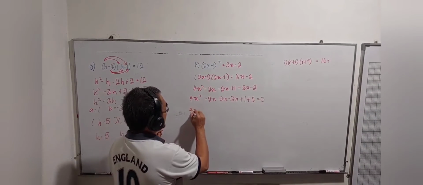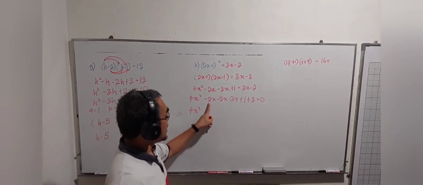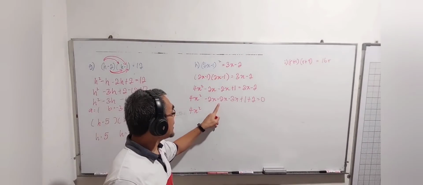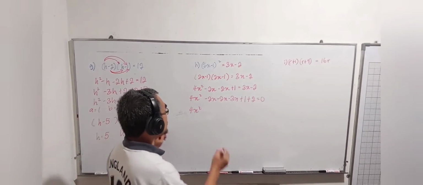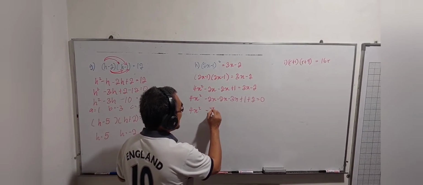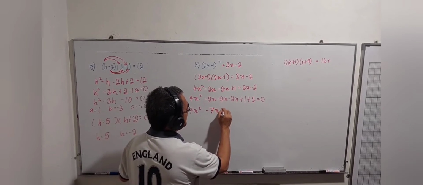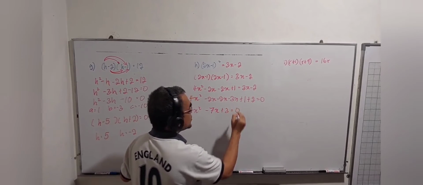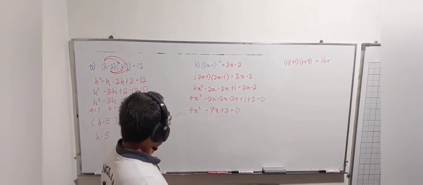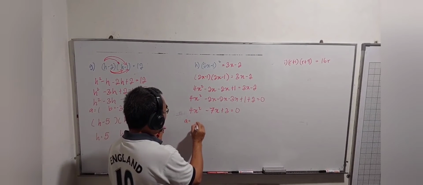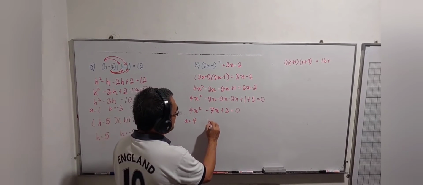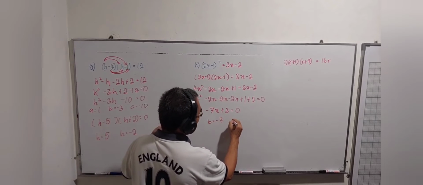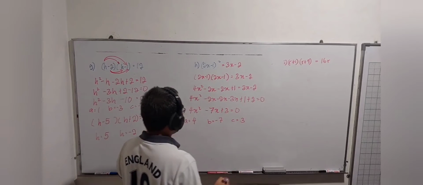So this is 4x squared, and then you can use the calculator: negative 2, negative 2, negative 3, it will give you negative 7x, and then plus 3 equals 0. We need to note that a is 4 here, b is negative 7, and c is 3.